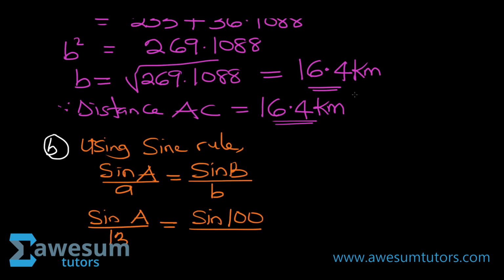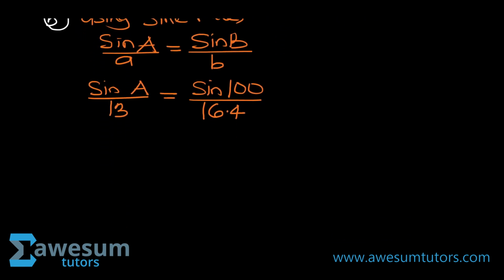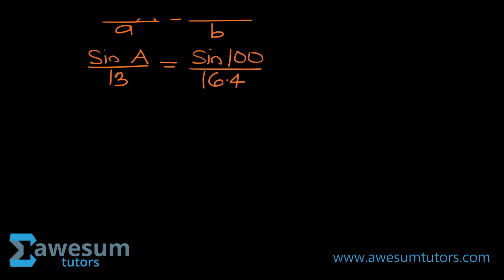B is this, which is the distance AC, 16.4 kilometers. So now what we want to find is A.